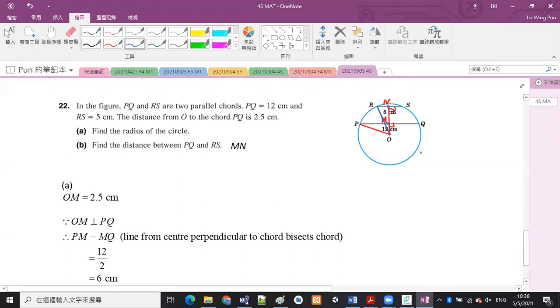But OR is the radius of the circle, which has been found in part A to be 6.5 cm, right? Okay? And RN will be half of RS, okay? Because ON is also a line from center perpendicular to chord. So it will bisect the chord, okay? So this part will be 2.5 cm, this is 6.5 cm, and then we may use the Pythagoras theorem to find ON. And then subtract 2.5 and we answer. Okay, so let's work out the plan.